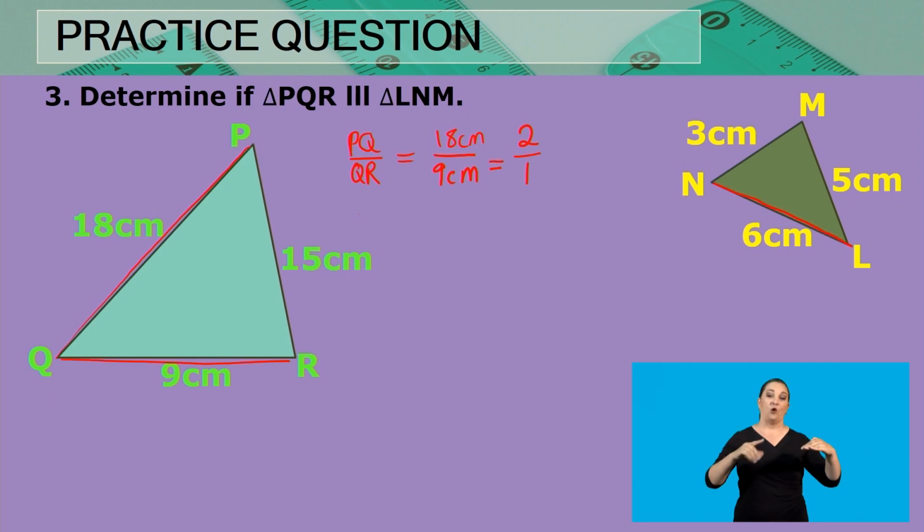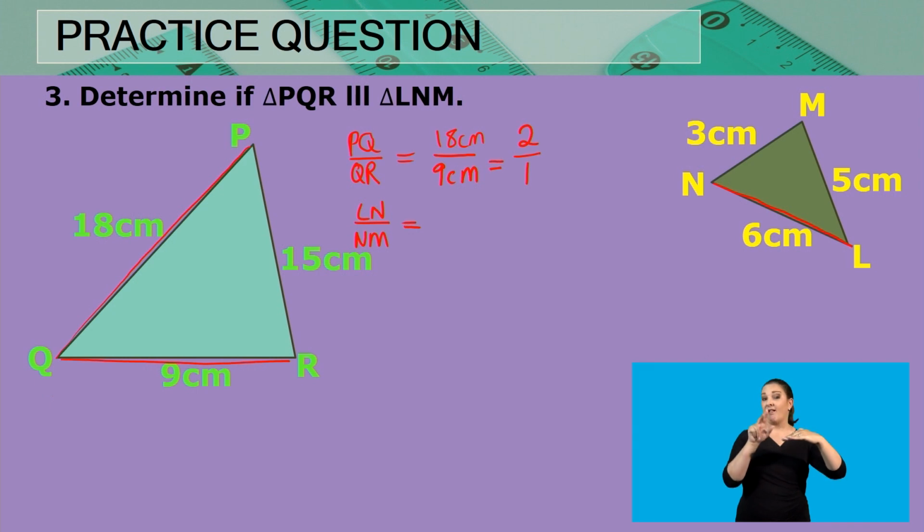As we can see, PQ is the largest side of that triangle, so NL or LN is also the largest side of the smaller triangle. So we are going to say LN, and divide it by the corresponding side to QR. QR is the smallest side of the triangle on the left-hand side, so let us look for the smallest side of the smaller triangle.